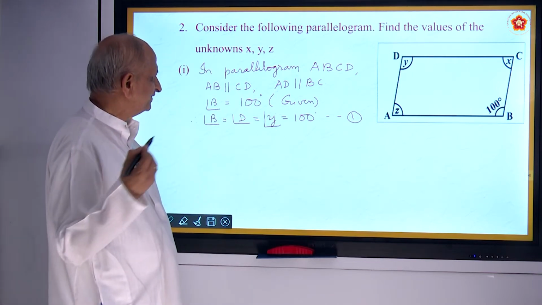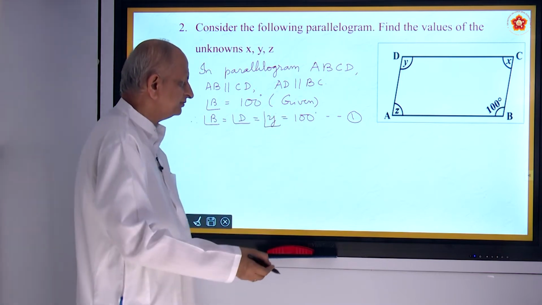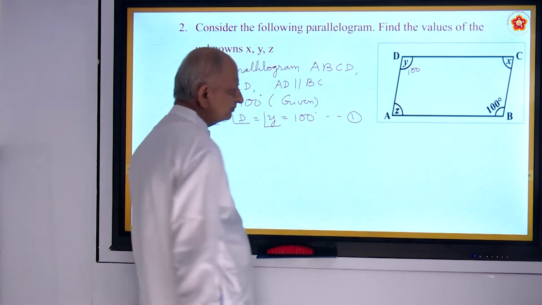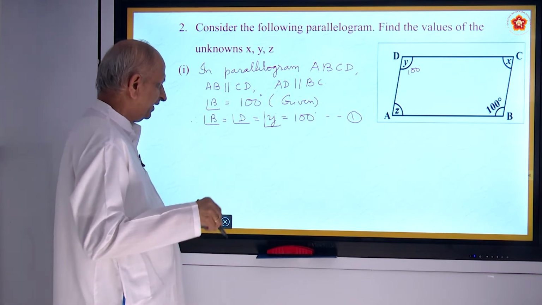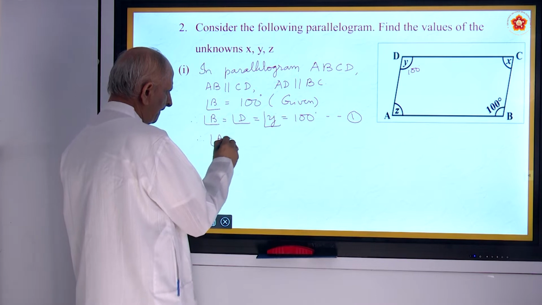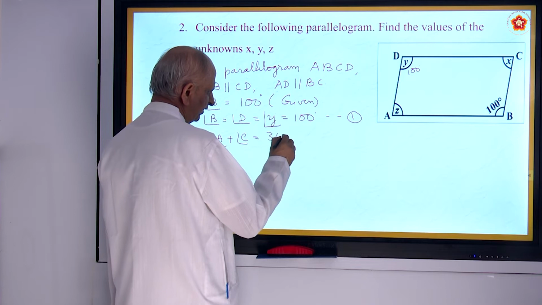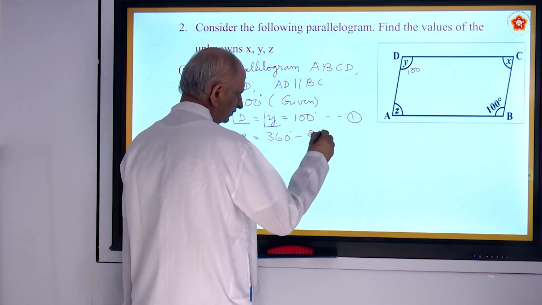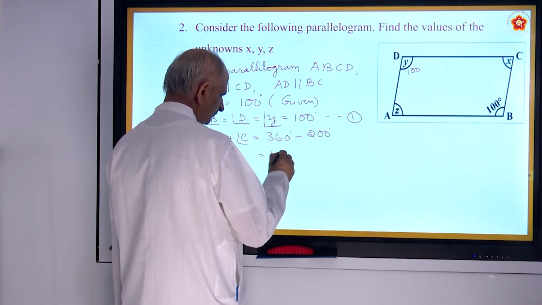How to find out X and Z? If this is 100, so 100 plus 100 how much it becomes? 200. What is sum of all the interior angles? 360 degrees, correct? So, therefore, you can write angle A plus angle C is equal to 360 minus 100 into 2, that is 200, that is equal to 160.